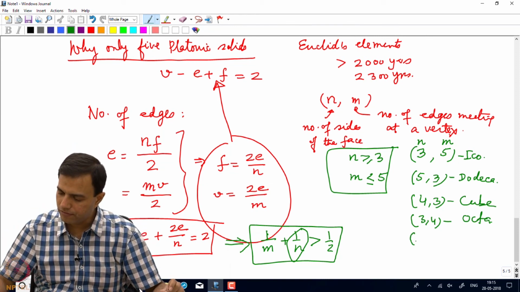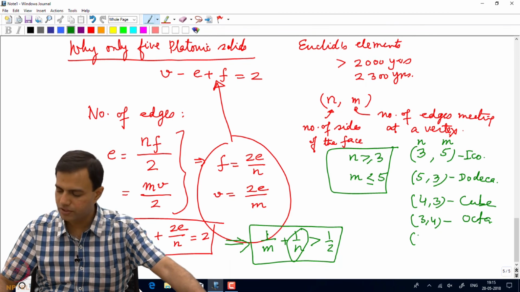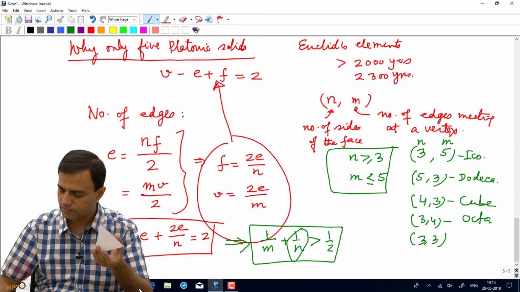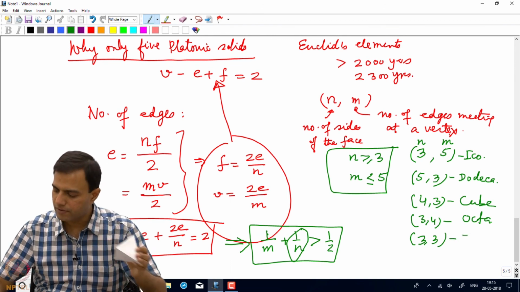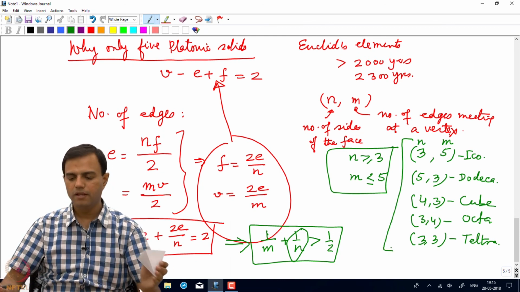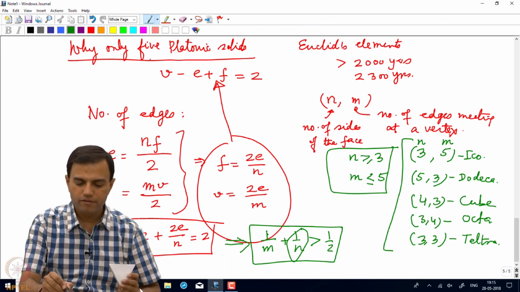And then I have 3, 3, and that would be the tetrahedron, and these are the only possibilities. So there are only 5 Platonic solids.